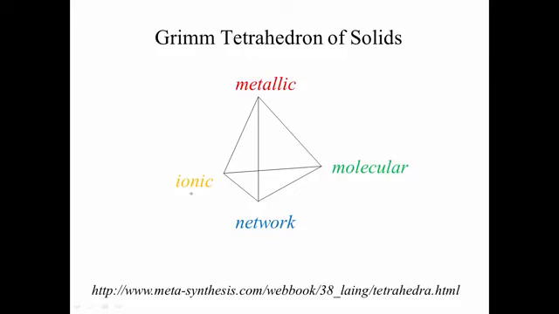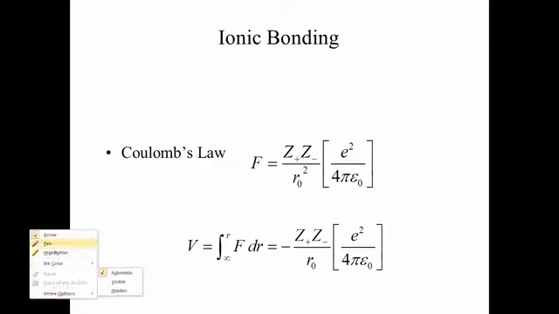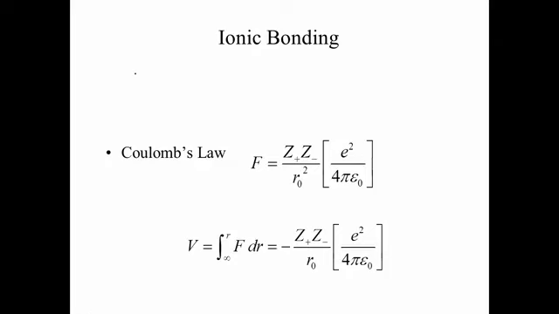So in this lecture we will focus on the ionic bonding, and ionic bonding can be described as simply a positively charged cation being attracted to a negatively charged anion.